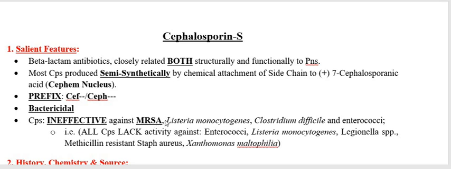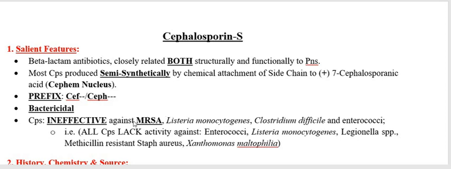However, generations 1, 2, 3, and 4 are ineffective against methicillin-resistant Staph aureus, Listeria monocytogenes, Clostridium difficile, and Enterococci. So these cephalosporins are not going to kill these bacteria.